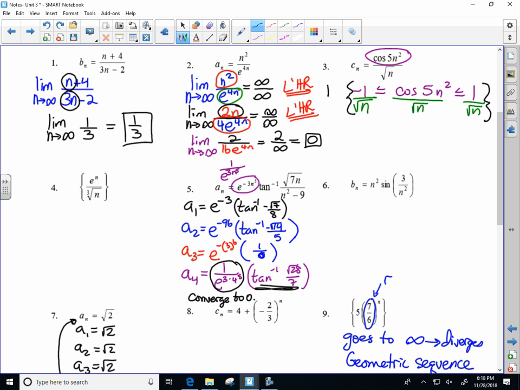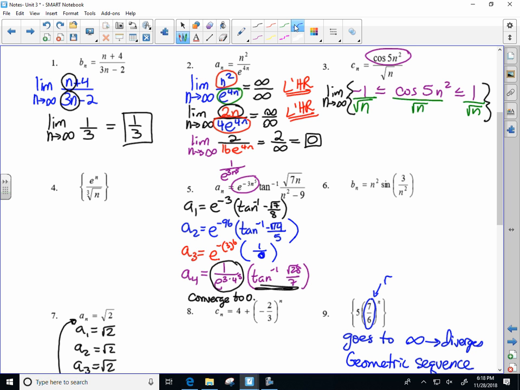I'm saying I'm taking the limit as n goes to infinity for each little piece here, rather than writing limit as n goes to infinity for the first part. So limit of this less than or equal to the limit of that, less than or equal to the limit of that, which has writer's cramp written all over it.